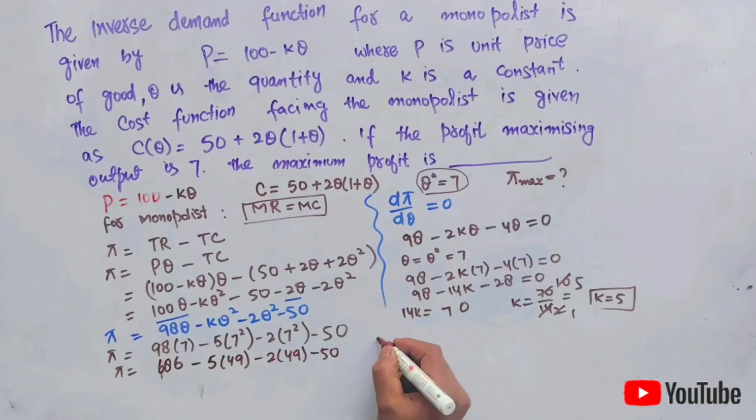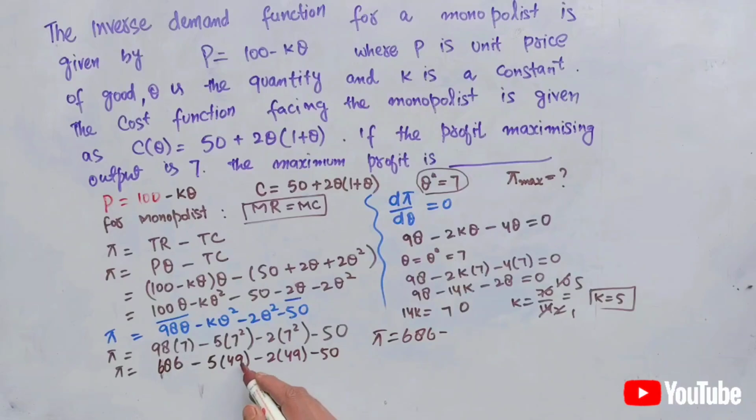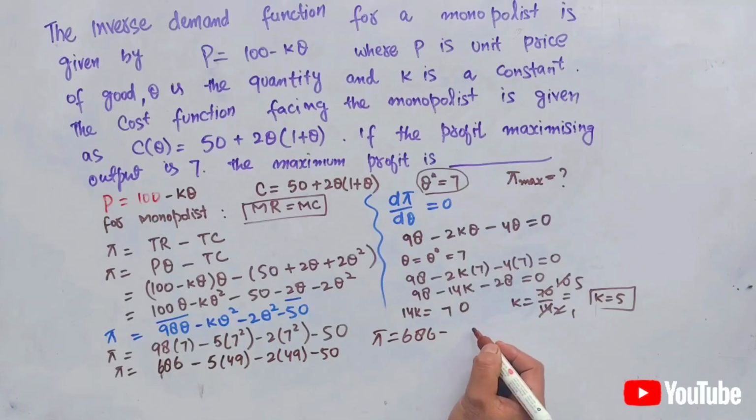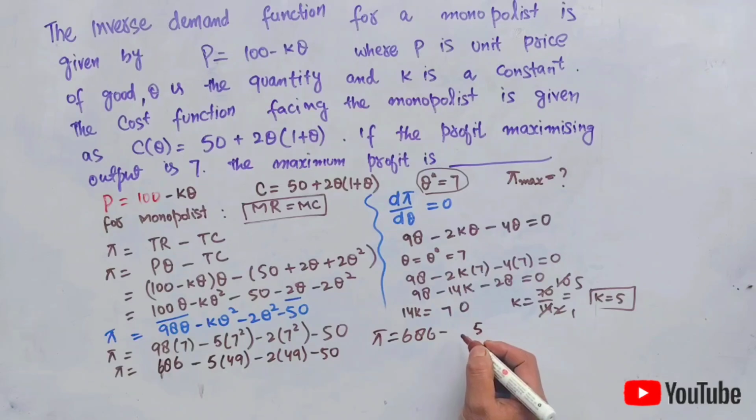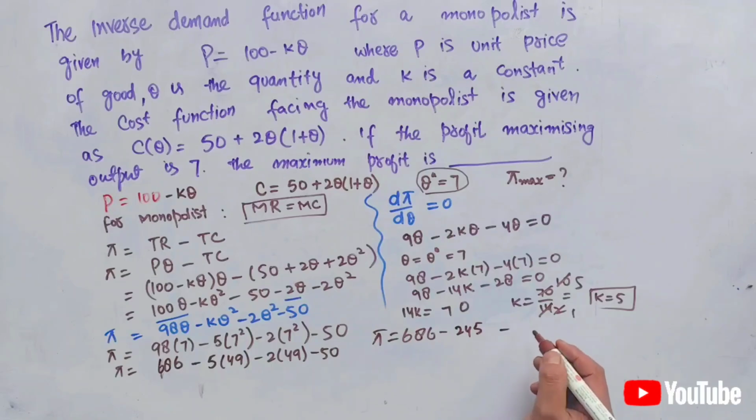So profit will be equal to 686 minus, 5 9s are 45, 5 4s are 20, and 4 is 24, minus, here it becomes 49 times 2, which is 98, minus 50.